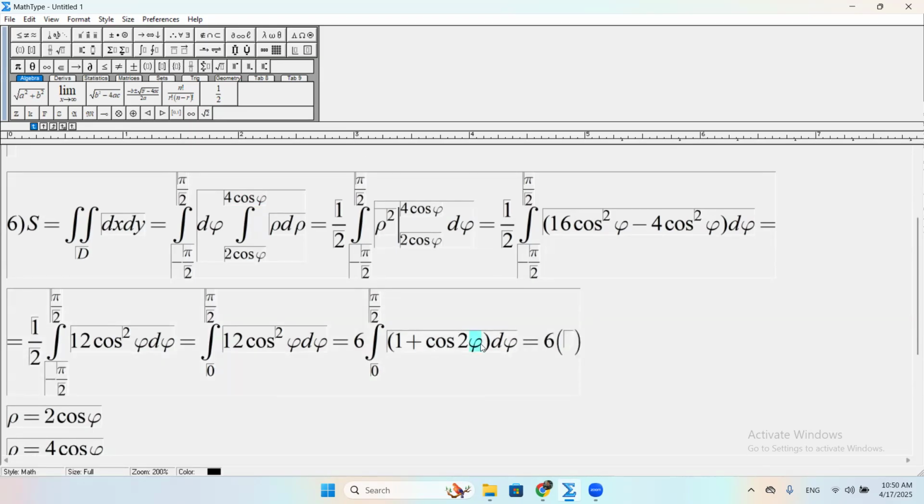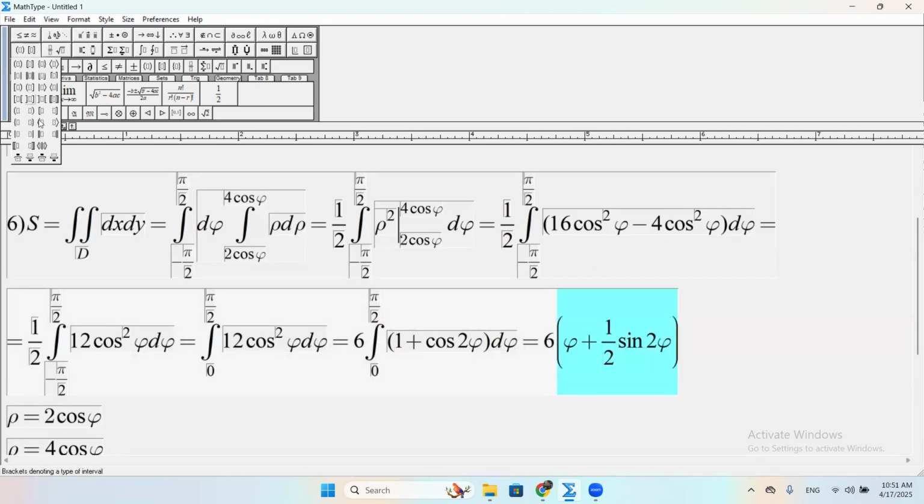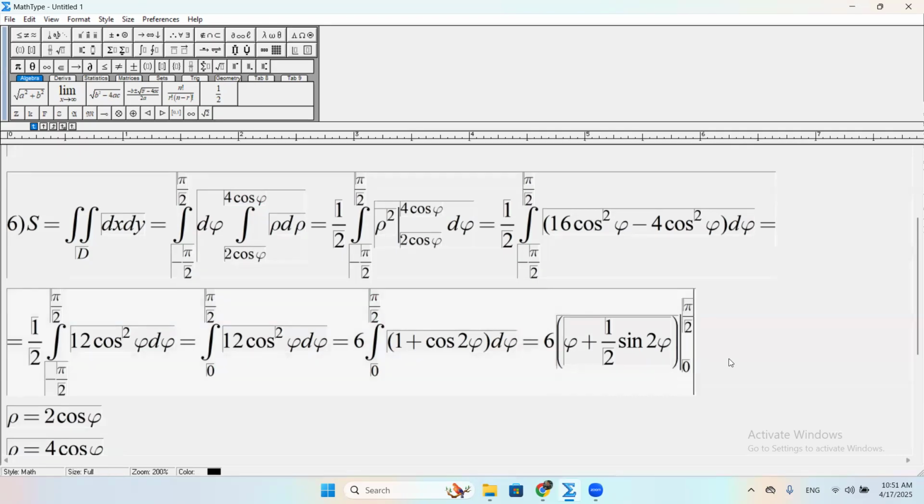So phi plus 1 over 2 sine of 2 phi, from 0 to pi over 2.